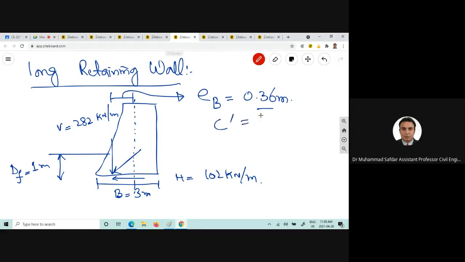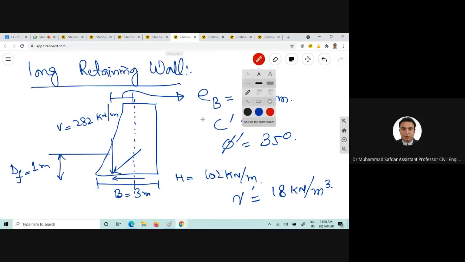C prime is equal to 0, and phi prime, which is the effective friction angle, is equal to 35 degrees. Now the unit weight of the soil is equal to 18 kilonewton per cubic meter, and we need to find out the factor of safety.